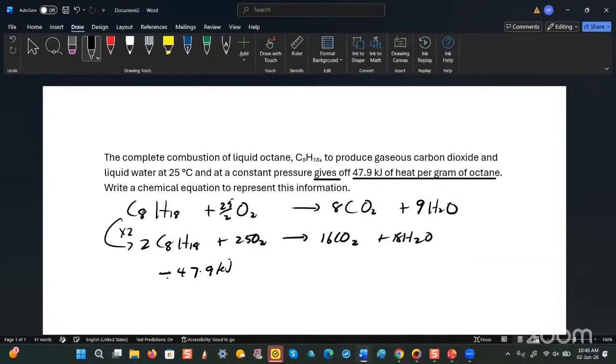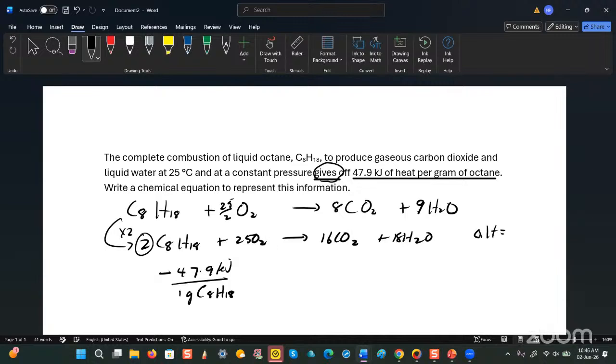And why do I say minus? Because it gives off heat, right? So minus 47.9 kilojoules of heat for every 1 gram of C8H18.